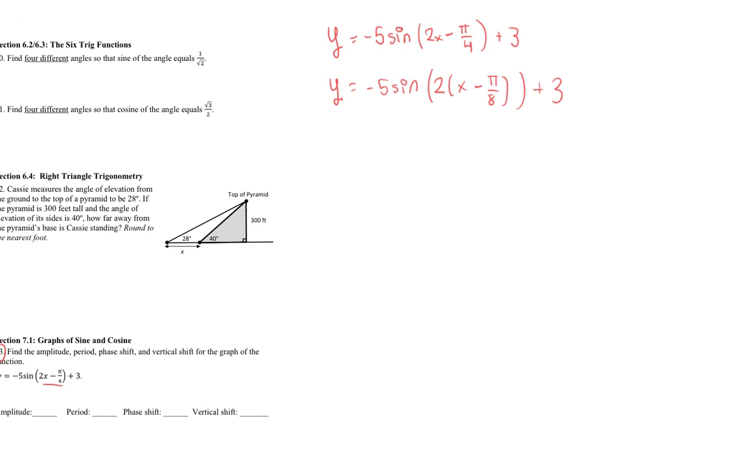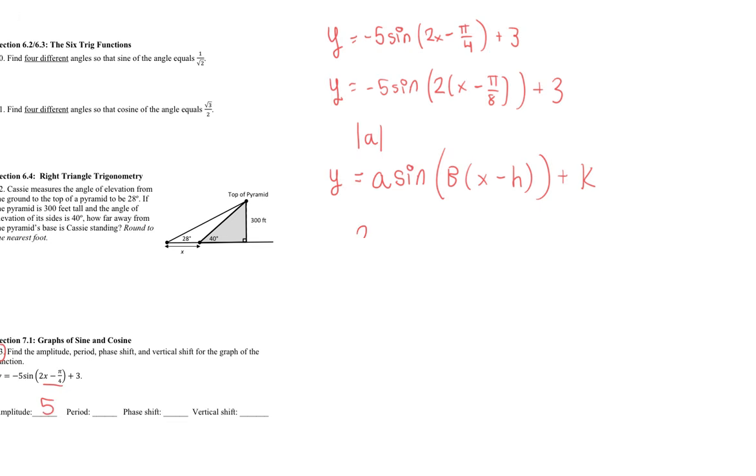Remember that we have y is equal to a times sine of b times x minus h, plus k. So a is our amplitude. The absolute value of it here is 5.